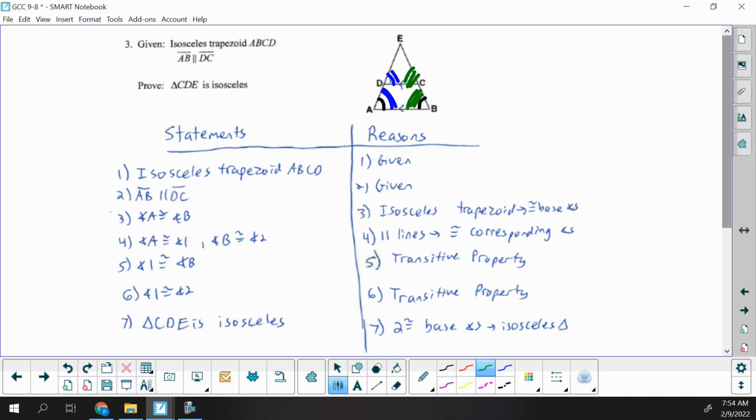So first, angle A is congruent to what I called angle 1 and angle B. So we can say 1 congruent to B by the transitive property. So we now have angle 1 congruent to angle B. Well, now 1 and B are congruent, and I covered up the 2 there. 2 and B are congruent, so we can say 1 and 2 are congruent by transitive property. And then you can do 2 congruent base angles implies isosceles triangle.